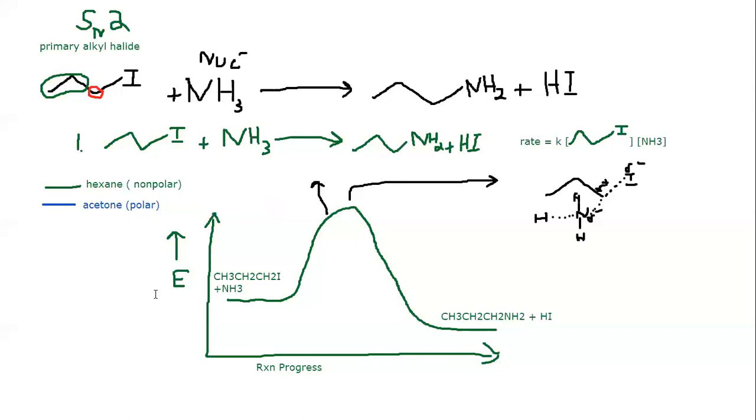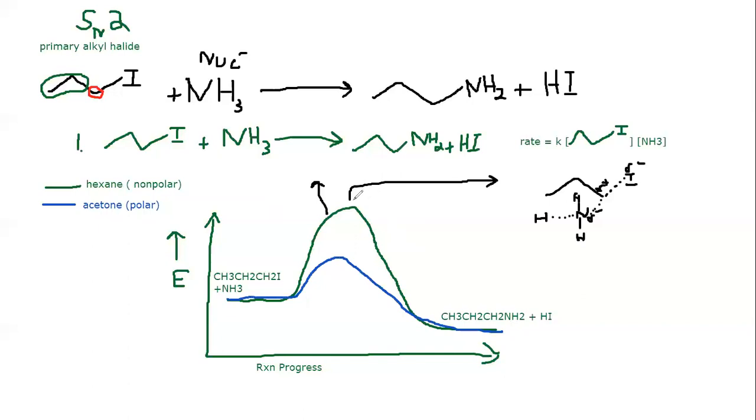And so when I draw the curve for acetone, the difference you're going to see is that the activation energy is going to be decreased. And the reason is that the nucleophile, which is still the same, has better solubility in the polar solvent.